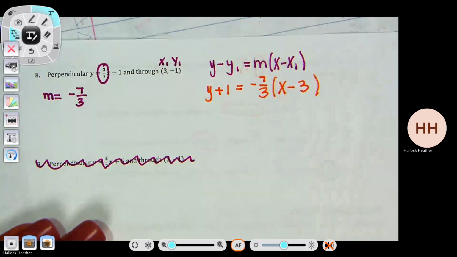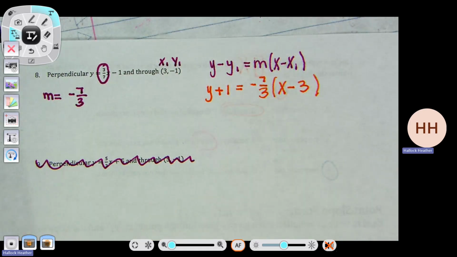Now you need to distribute. So just like on Friday, we're going to distribute our 7/3.